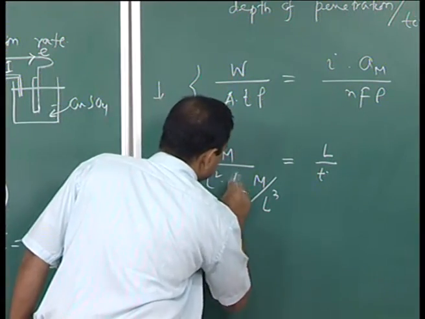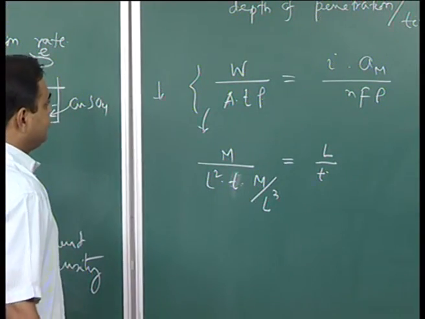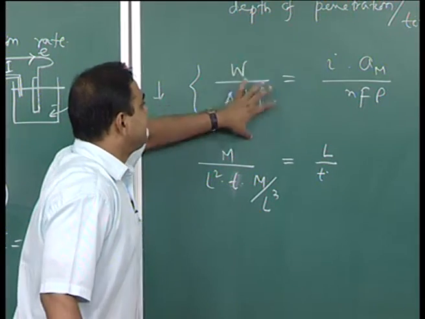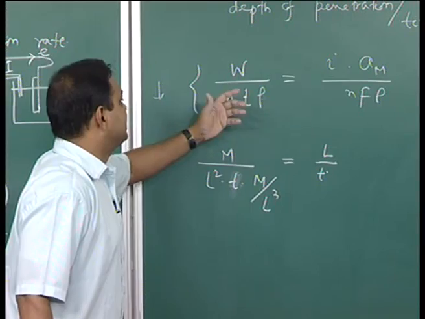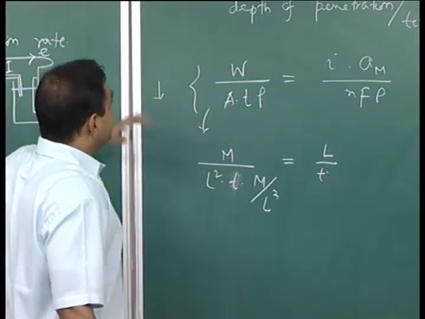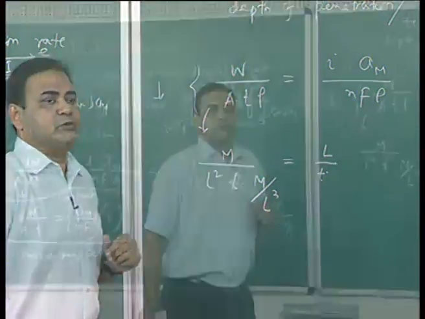So, length by time. Now if I just divide this part with the density of the metal, I can easily convert this MDD unit to a depth of penetration per unit time unit.